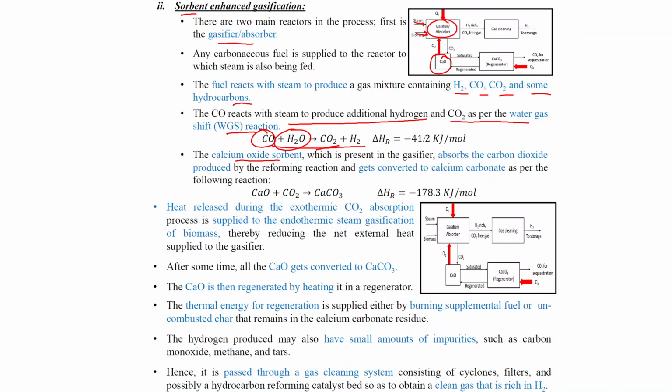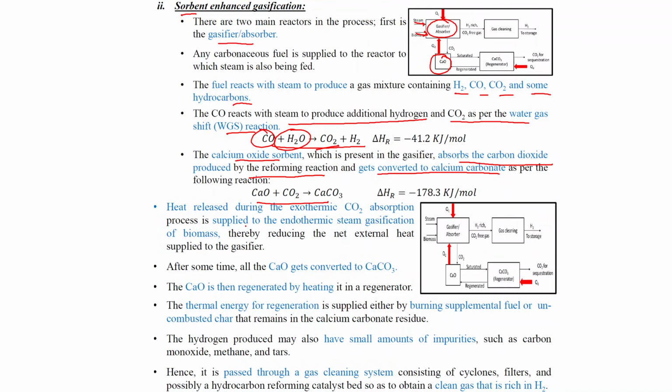This calcium oxide sorbent absorbs the undesired carbon dioxide produced by the reforming reaction and gets converted to calcium carbonate as per the reactions. When carbon dioxide gets absorbed on the calcium oxide, this is an exothermic reaction.